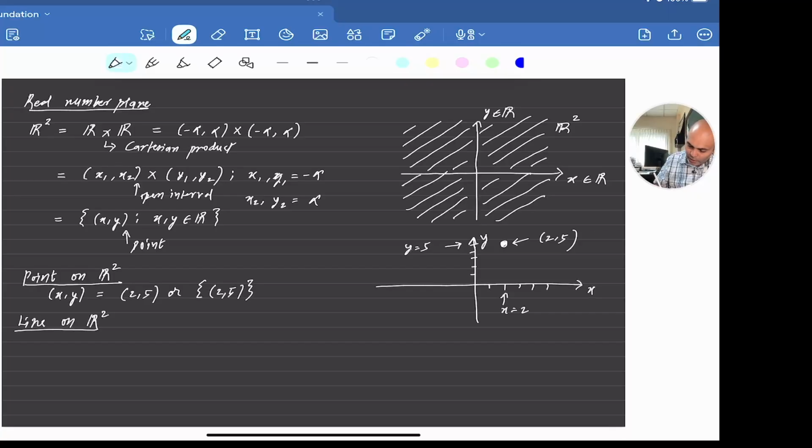As a simple example, let's take x equal to 5, or we can write this as L to represent the line, which is a set of points in R2 where x takes the value 5 and y takes all values in the open interval minus infinity to plus infinity.